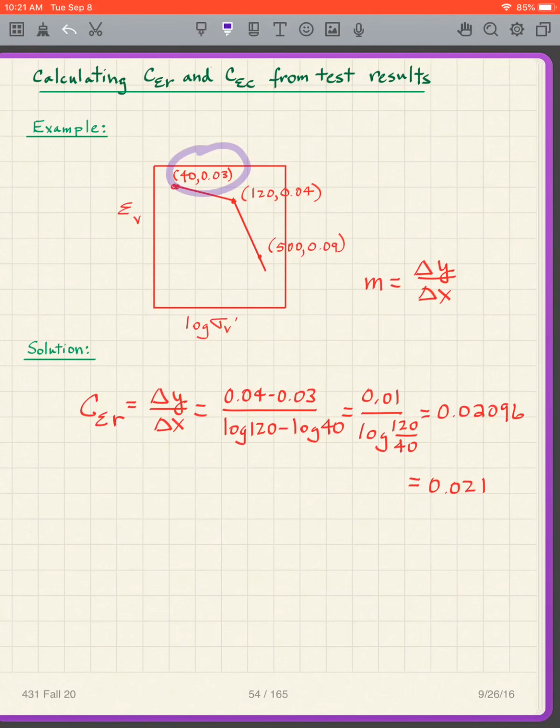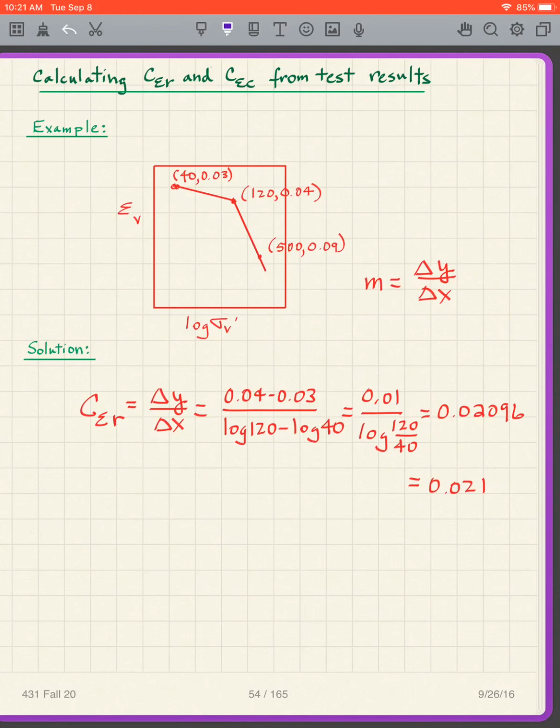The delta y, we have 0.04 and 0.03 as the y's, and the x's are 120 and 140, but of course this is a log, so it's the log of 120 minus the log of 40, and we know that the log of 120 minus the log of 40 is equal to the log of 120 over 40. So we simply do this particular calculation, and that's what we get for C epsilon r, roughly about that.